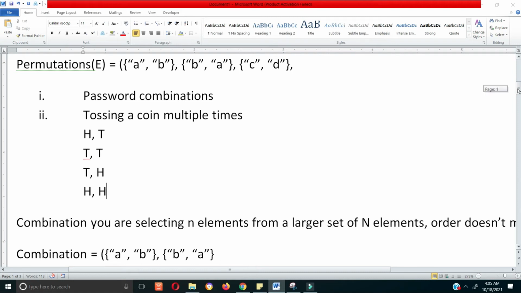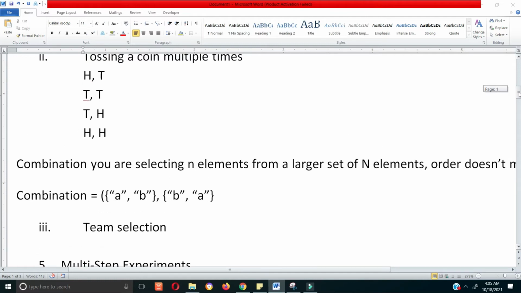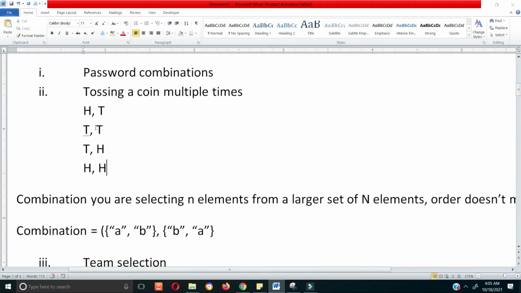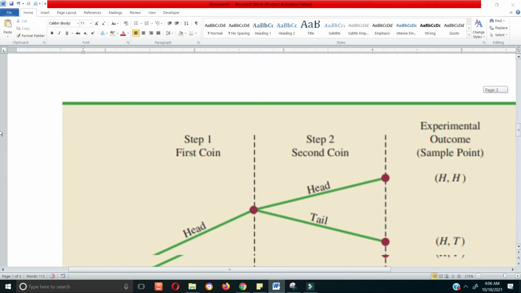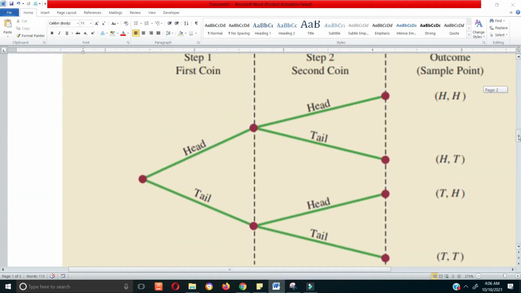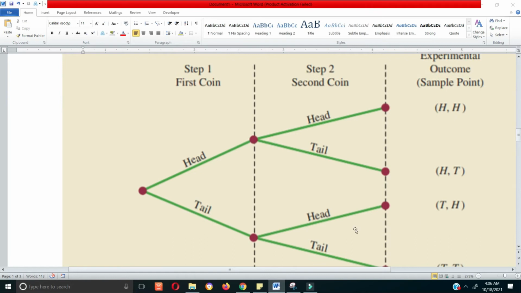If you're going to try and generate the sample set, you wouldn't say that HT and TH are the same, because the interpretation is that this is what you get in the first trial and this is what you get in the second trial. So if you have an experiment like this, we call those multi-step experiments. Here's one example. Typically, you could use a tree diagram to visualize the outcomes.